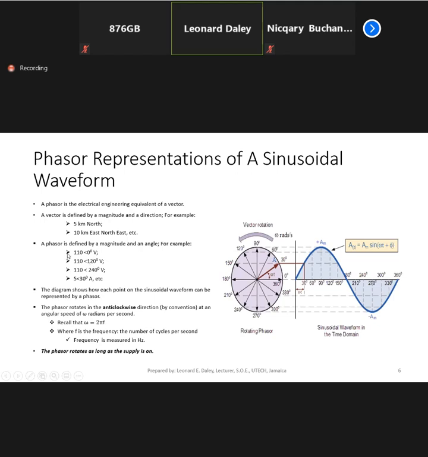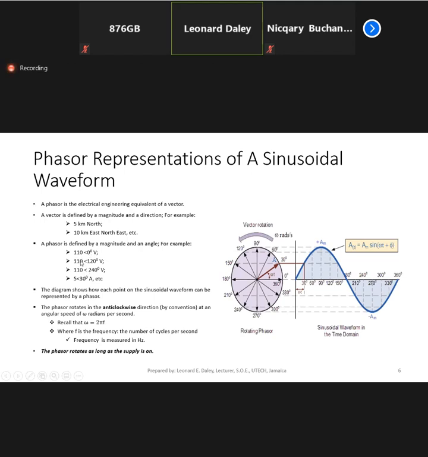So I have some examples of phasors, some examples of vectors. When we learn in high school, we talk about a vector being 5 kilometers north or 10 kilometers east, northeast, etc. But the phasor now has a magnitude and an angle, right?